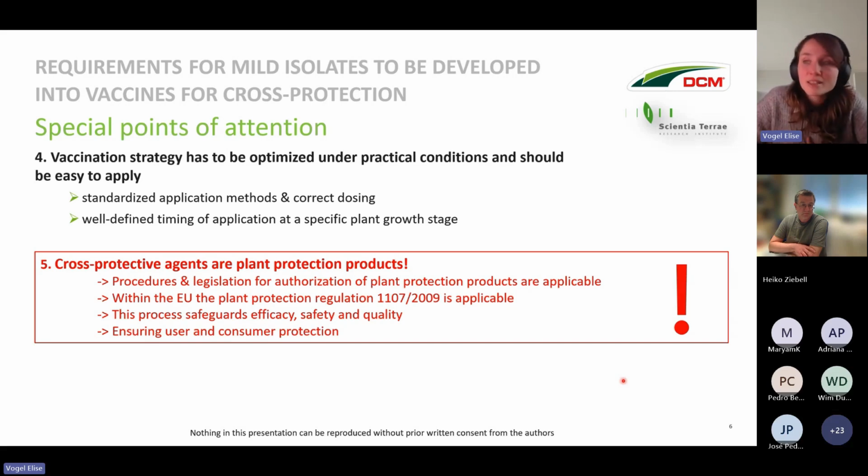What this means is that the registration of your cross-protective agent as a plant protection product also safeguards the efficacy, makes sure that you are getting the same product, a qualitative product that is also safe to use and efficient to use each time that you receive it. And this, of course, ensures user and consumer protection.